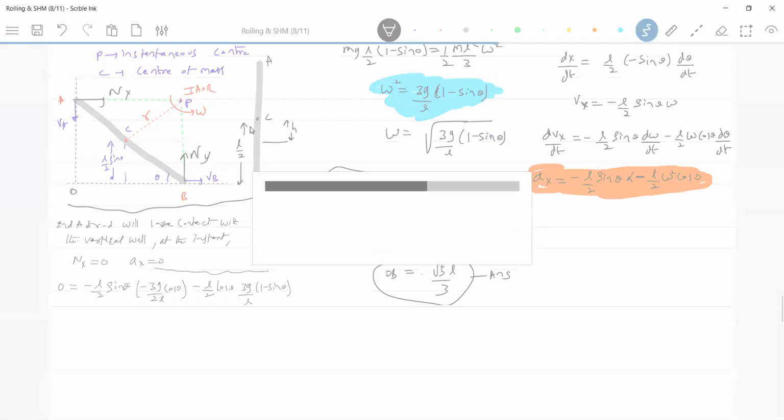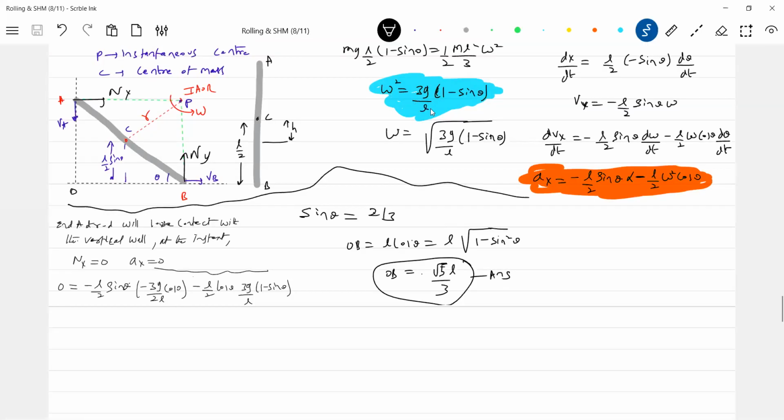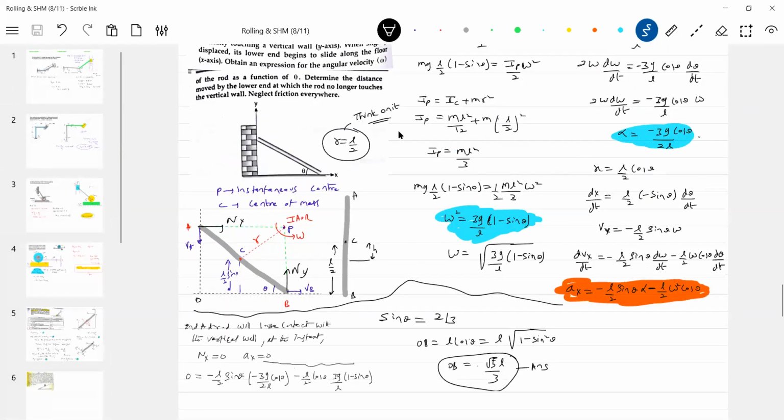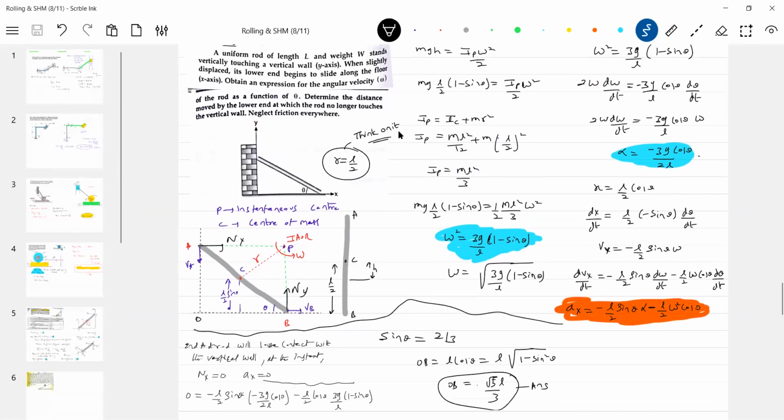How to calculate angular acceleration? From omega, differentiate further, and you'll get the angular acceleration. I just wanted to cover different aspects of the problem, so that's why I picked up this one. Everyone knows how to get this omega. So do remember, if they ask you for angular acceleration or any of these things, you can focus here.